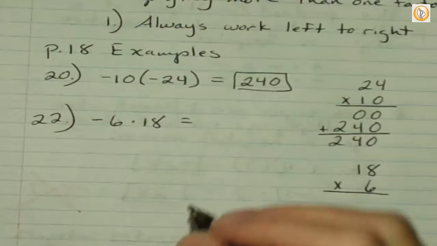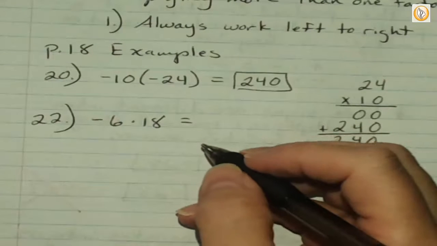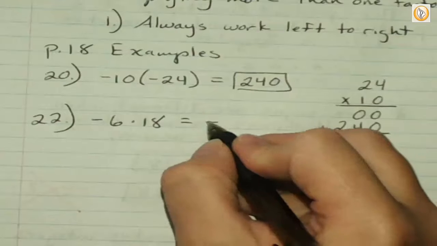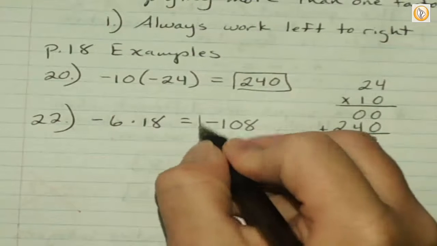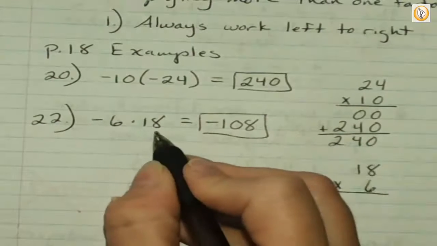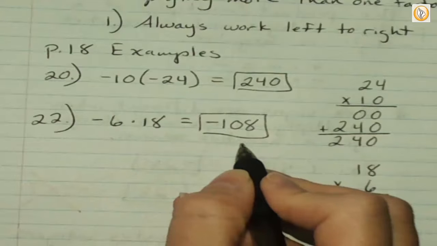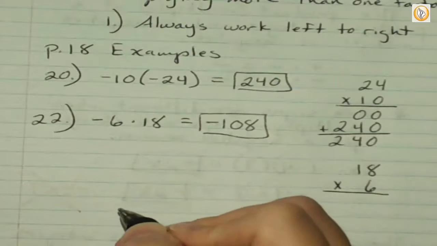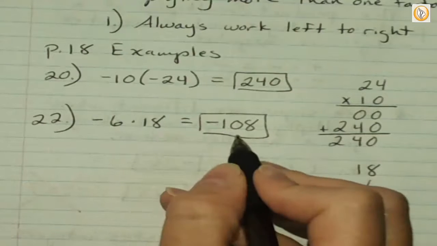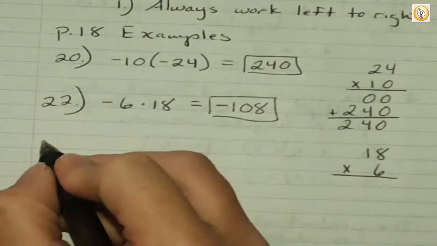Okay, so what's the total answer? 108. Positive or negative? Negative. Very good. The signs are different, so the answer is going to be negative. Negative times a positive is a negative.